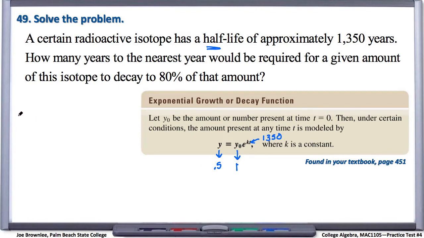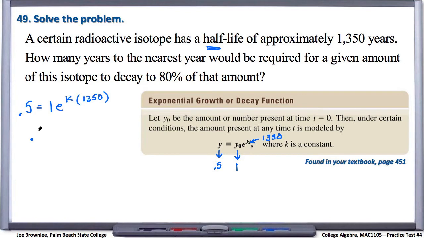So 0.5, that's our y, equals y sub 0, which is 1, times e to the k, which we're trying to find, times t, and the half-life is 1,350 years. Let's clean this up a little.